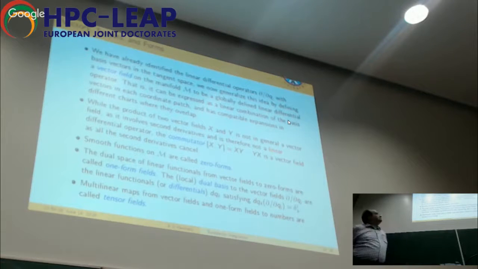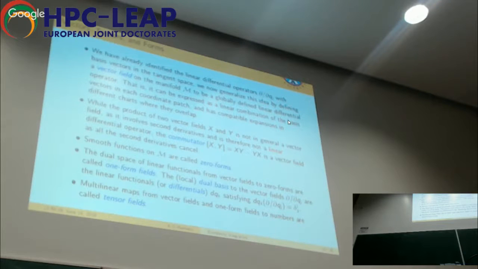So we've already identified the differential operators d by dqi with basis vectors in the tangent space, and we generalize this idea by defining a vector field, as opposed to just a vector at a point. The vector field is a globally defined quantity on the manifold, not singular anywhere, and it's defined basically to be a linear differential operator with arbitrary coefficients.